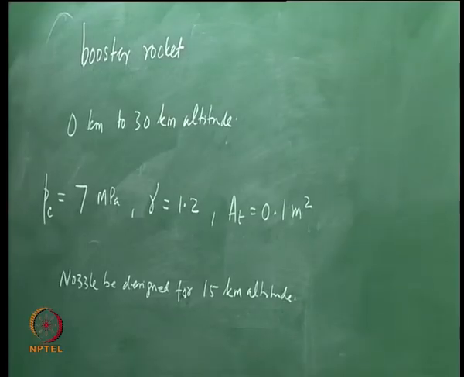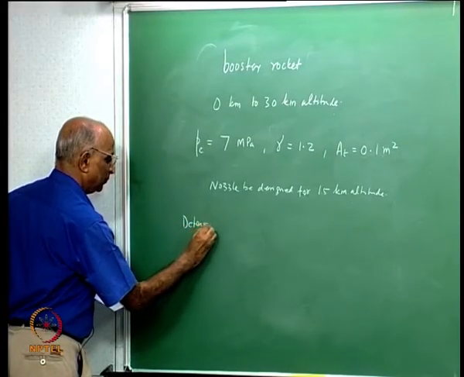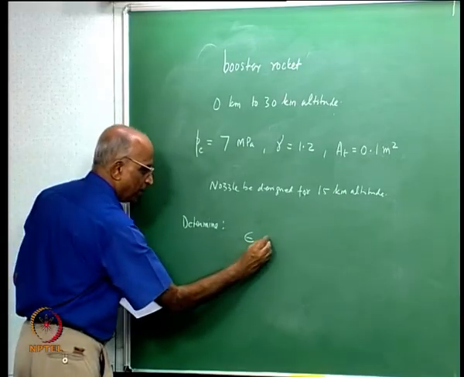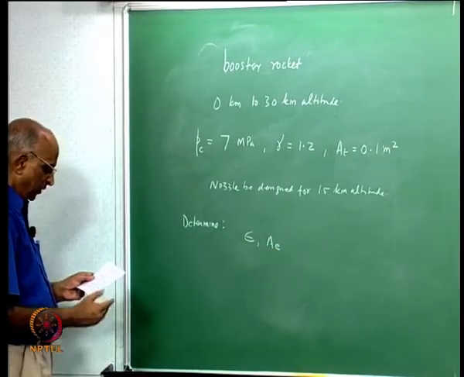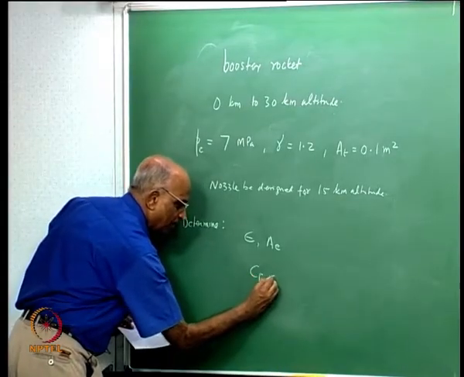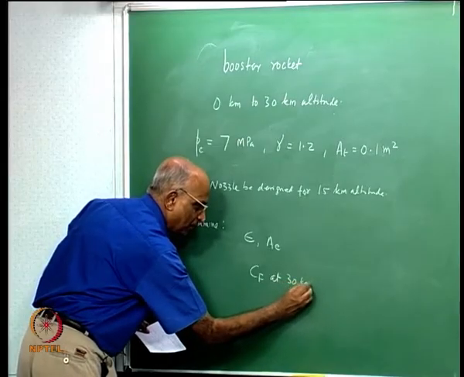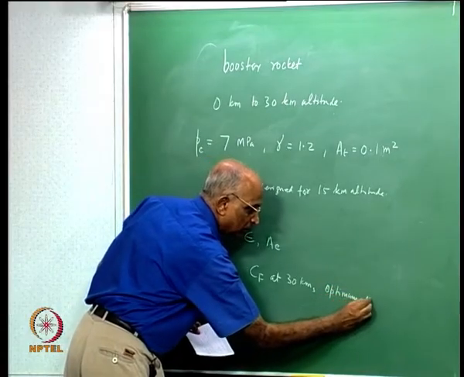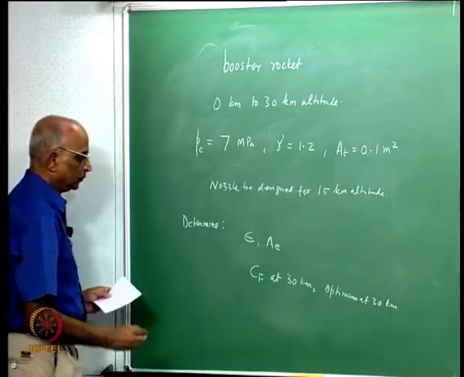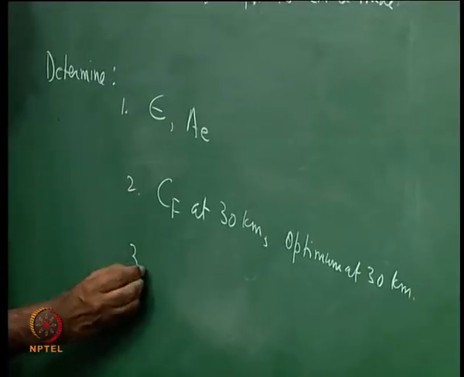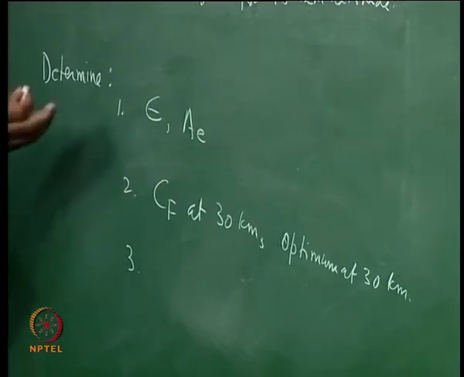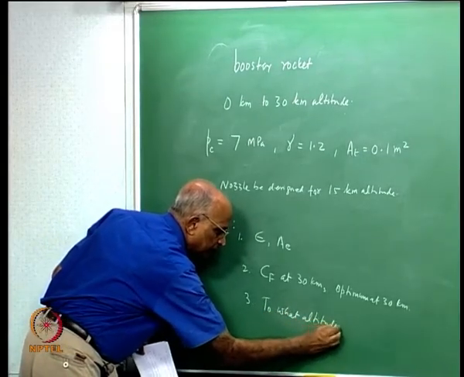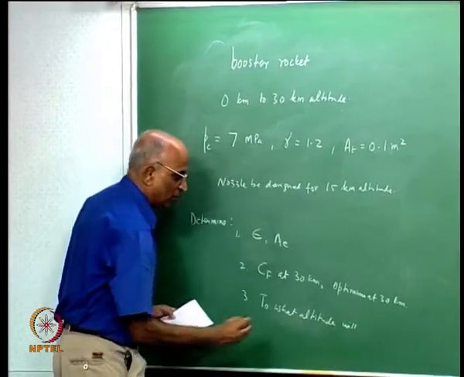Now, I want the following: determine first the nozzle expansion ratio epsilon, the value of AE; second, the value of CF, the thrust coefficient at 30 kilometer altitude, and what is the optimum at 30 kilometer altitude; and third, I also want to know till what altitude flow separation will occur.